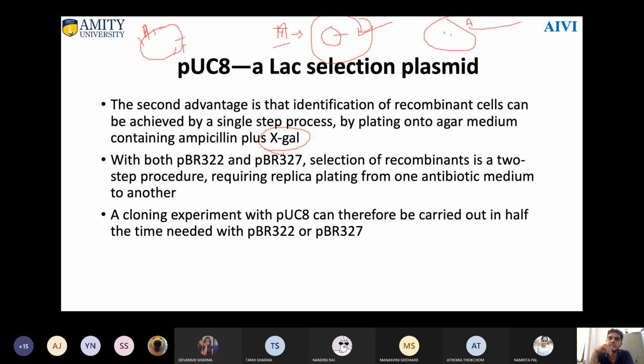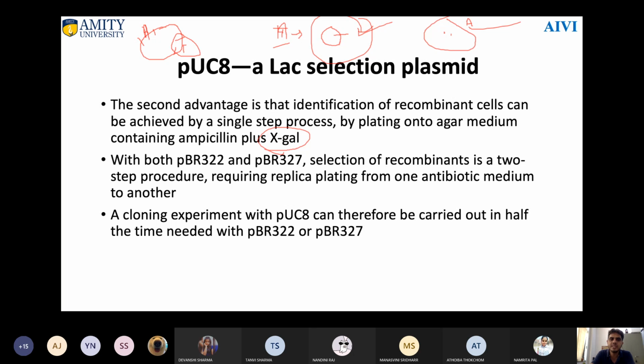So the second advantage is that identification of a cell can be achieved by a single process, by plating onto agar medium containing ampicillin plus X-gal. In the earlier case we can't do that, because if you add both antibiotics, then all cells will die, since those which got transformed are sensitive to the second antibiotic, which leads to insertional inactivation.